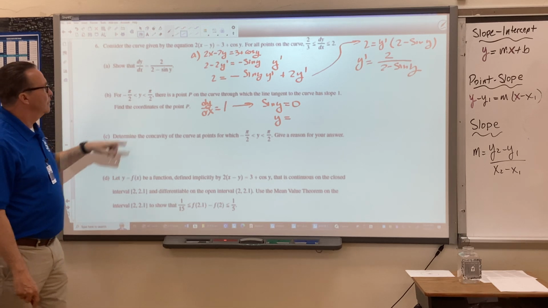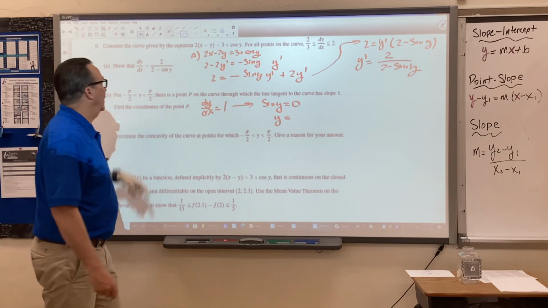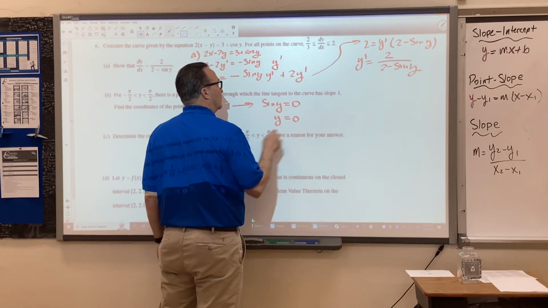Right? To make this equal 1, sine of y has to be 0.